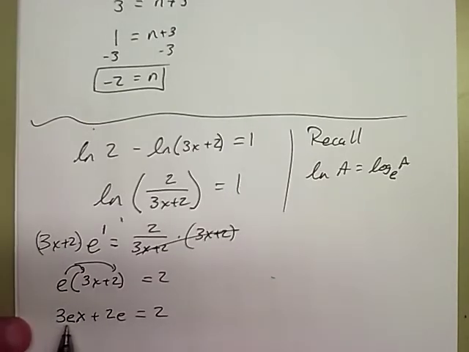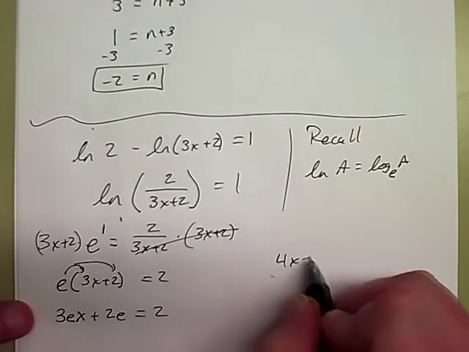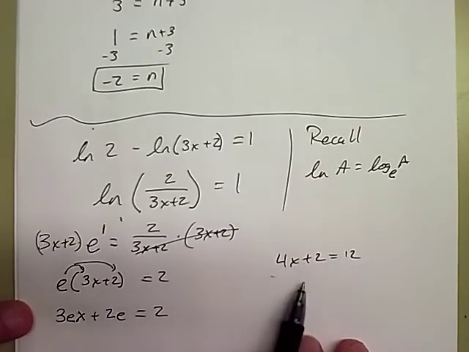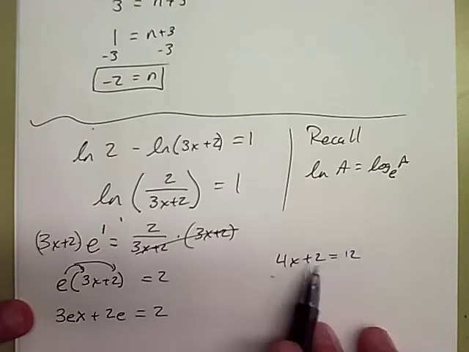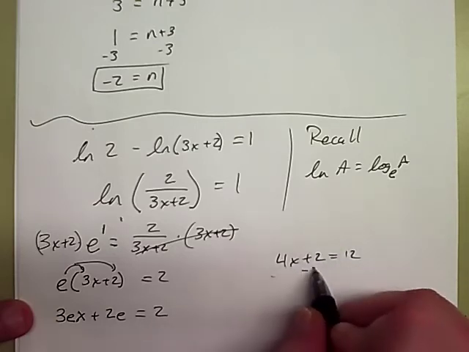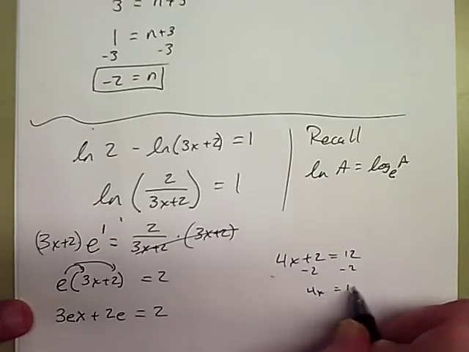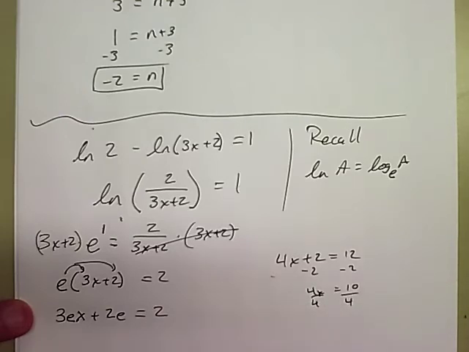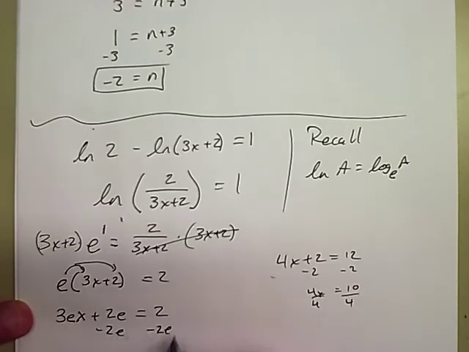All right, so if I had something like 4x plus 2 equals 12, I would just subtract the 2, right? And then I would divide by the 4. Well, here I'm going to subtract this term and then divide by the number. So we're going to subtract 2e.